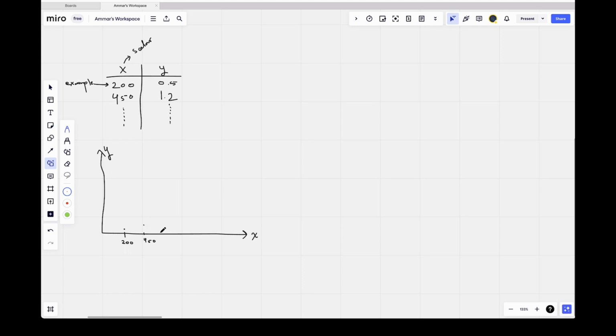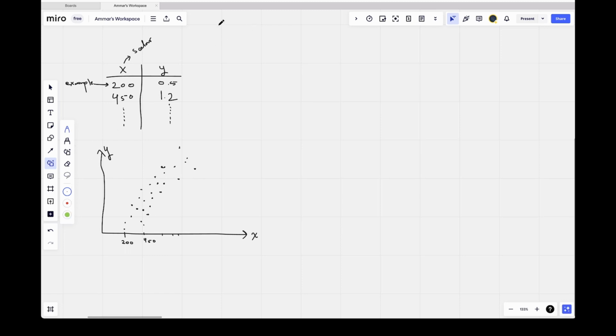And for each of these x values, I'm just going to plot some arbitrary points, just for the sake of example. All of these data points belong to your data set, by the way.